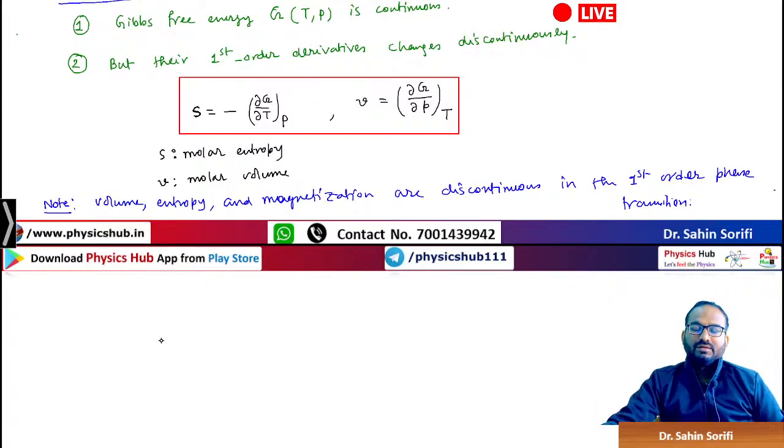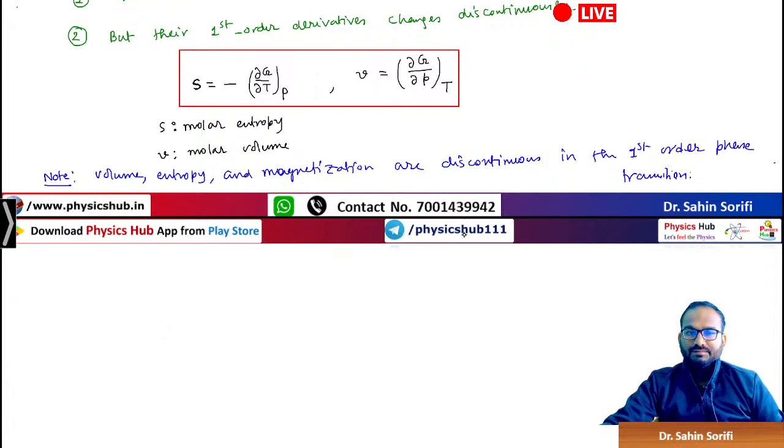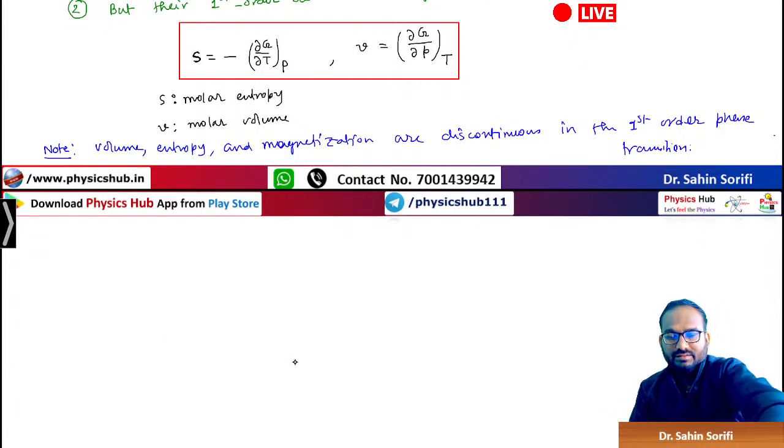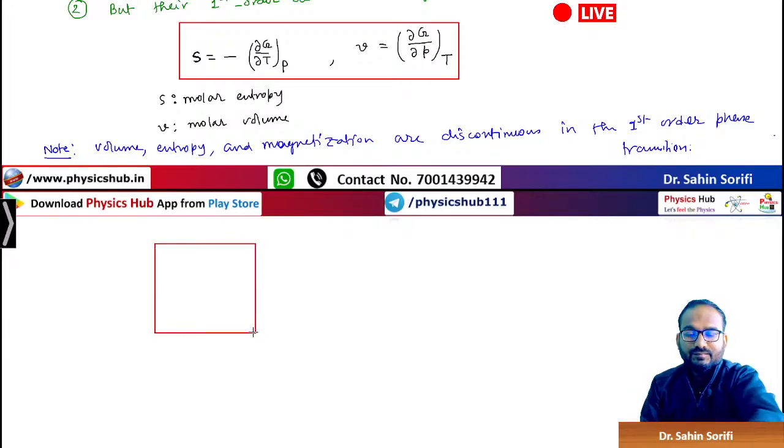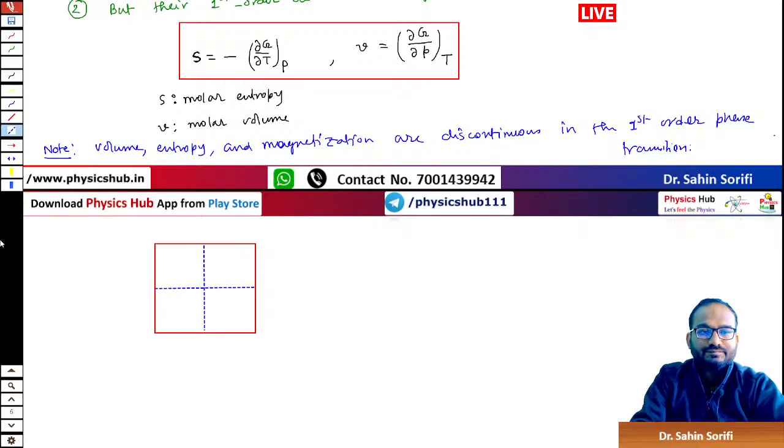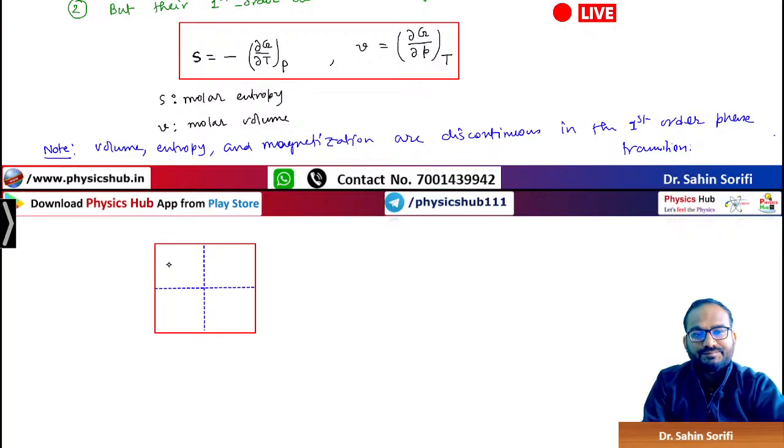Look, if you remember what we have done in the thermodynamic potentials, we made a table like this. It had four things: U, F, G, H. F is the Helmholtz free energy.